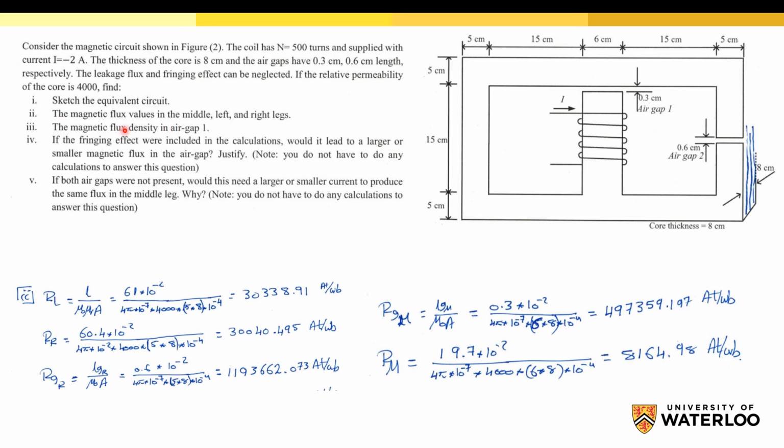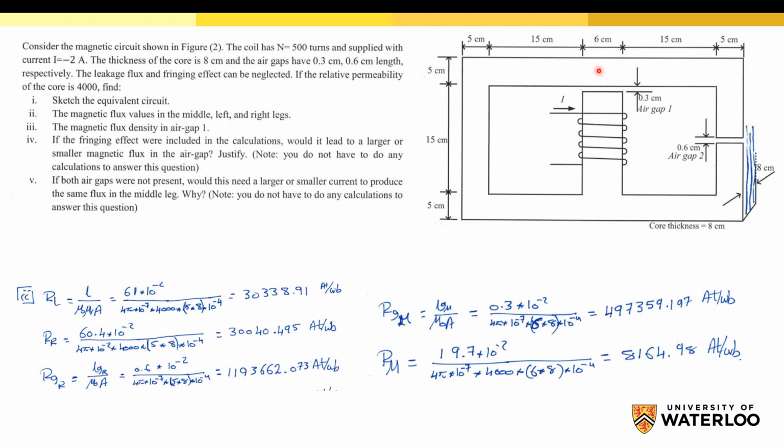Part B, calculate the magnetic flux values in the middle, left, and right legs. Again, in order to do that, we need first to calculate all the reluctances given in the circuit. So we have the reluctance for the left side. We need to calculate the mean length for the left core and the area, which is constant for this left leg and this right leg.